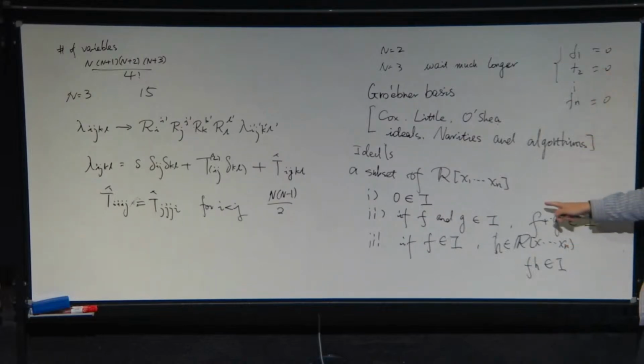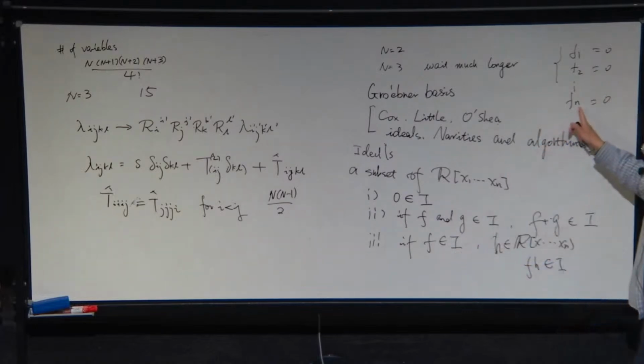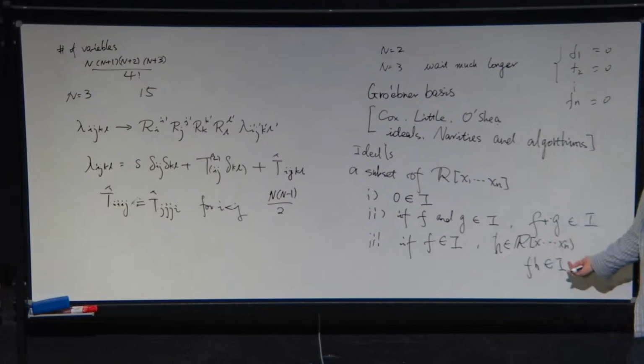So this ideal means the space of polynomials that vanish on the same set, which is the set of solutions of this set of equations, right? So it forms an ideal. So if f belongs to I, meaning f is 0, then you multiply it by some arbitrary polynomial, it's still 0, right? So this is why this is related to us.